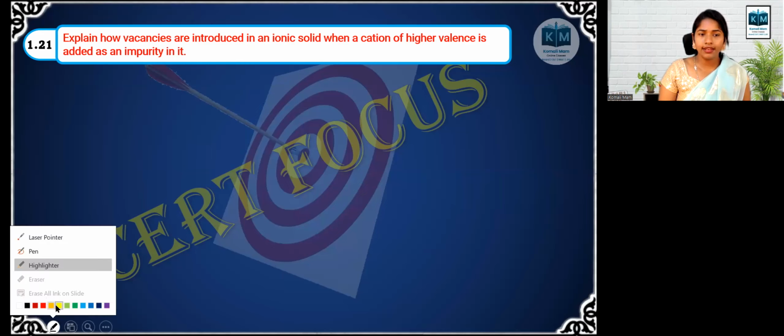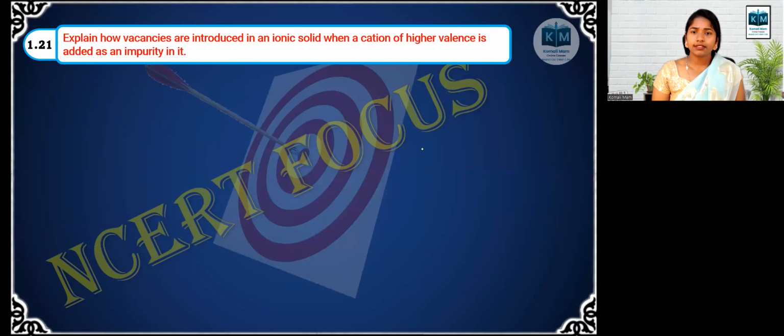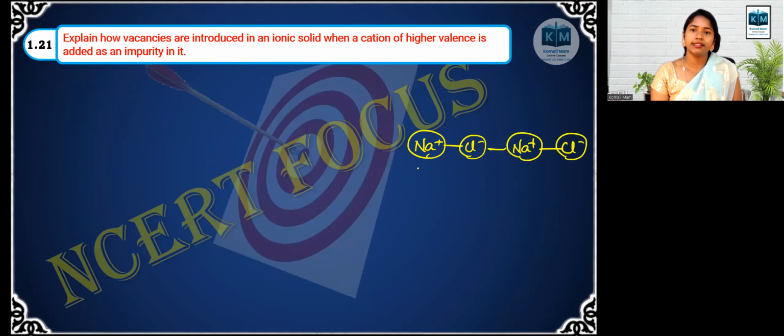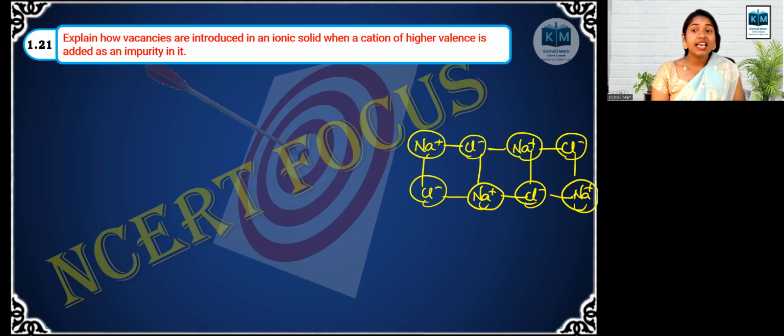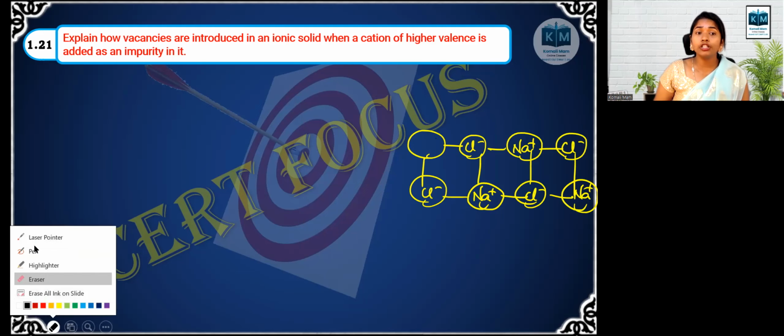See, when you add an impurity, for example, let us take NaCl solid: Na plus, Cl minus, Cl minus, Na plus, again Cl minus, Na plus. When you take it like this, you remove one sodium, and in that place you want to add a higher-valency impurity like strontium.